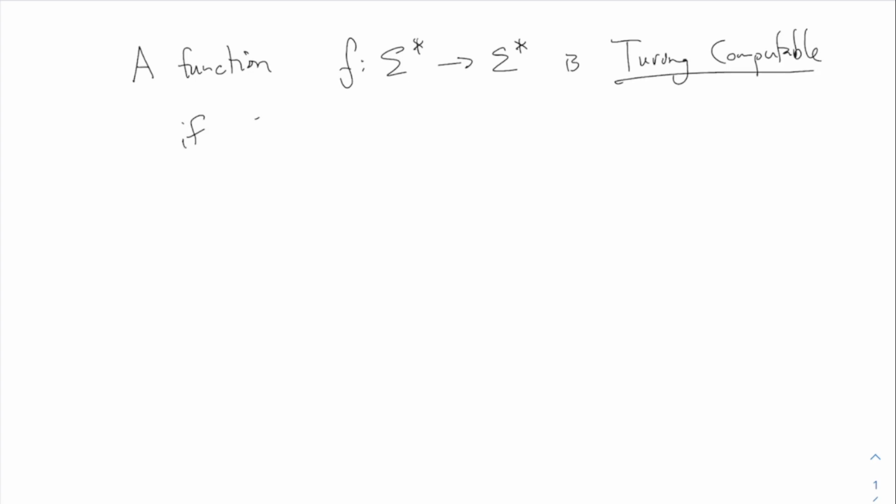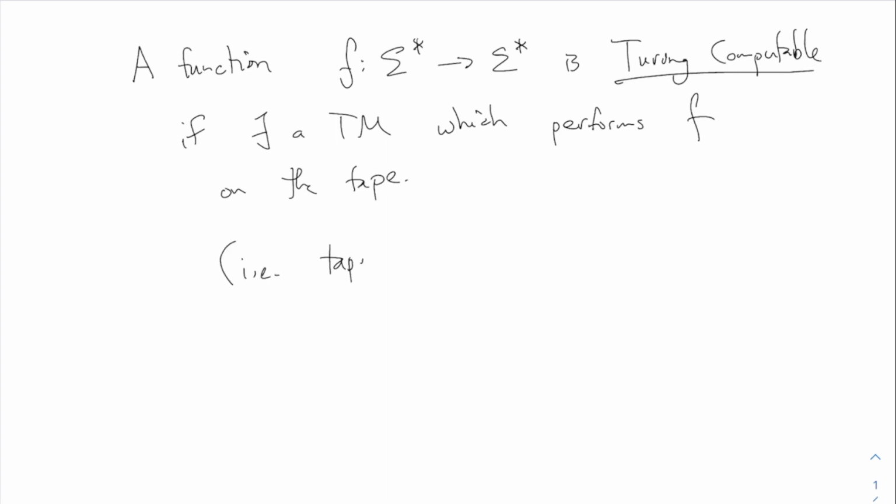If there exists a Turing machine which performs f on the tape. That is to say, i.e., the tape starts with some string x and then finishes with whatever f of x is.